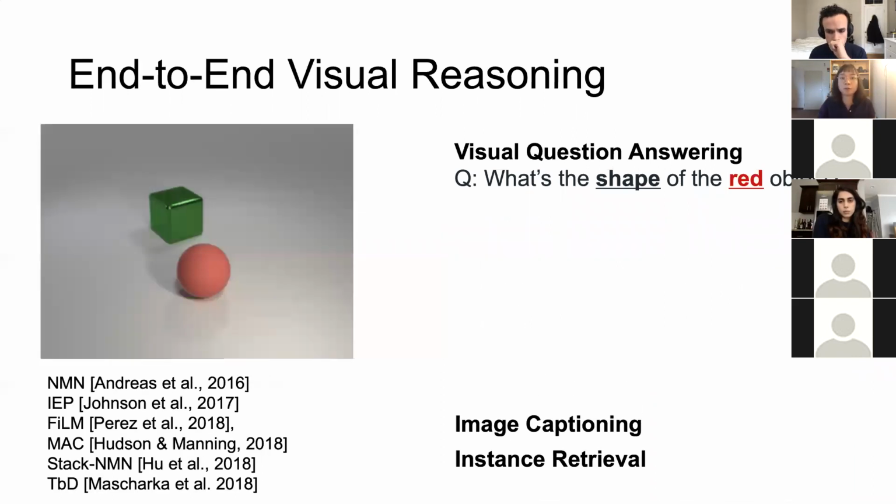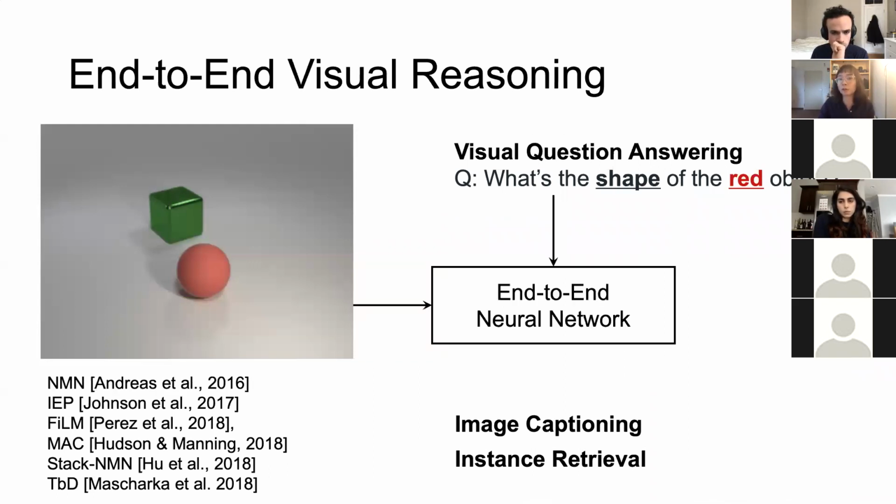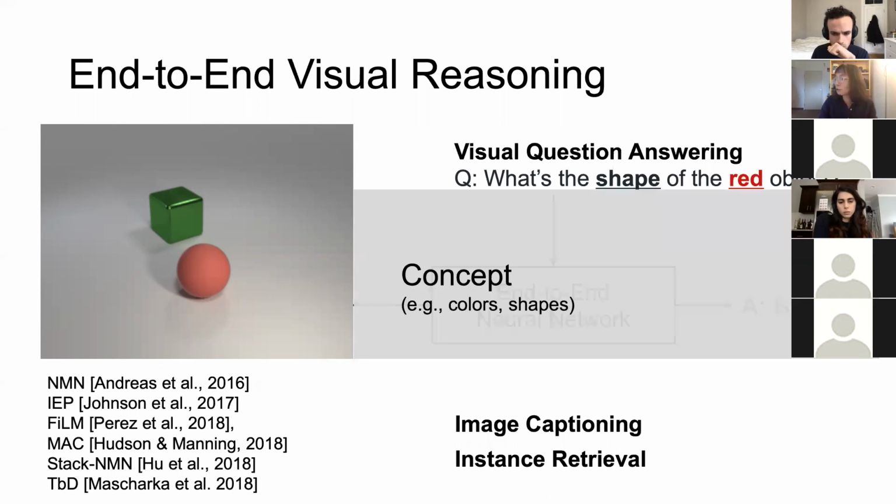We first review some prior art for visual reasoning in the visual question answering setting. A typical flavor of these models is to use end-to-end neural network learning to predict the answer given the question as well as the image. Essentially, there are two things to be learned by this neural network.